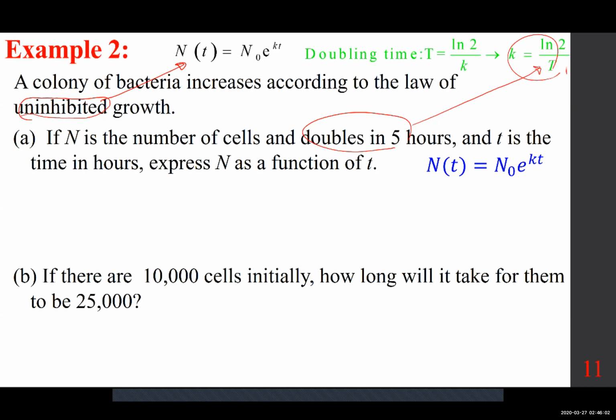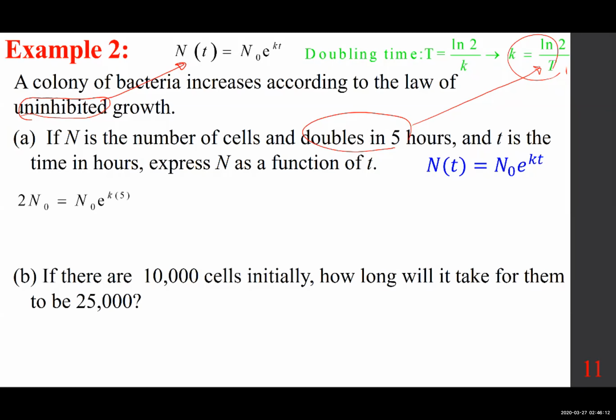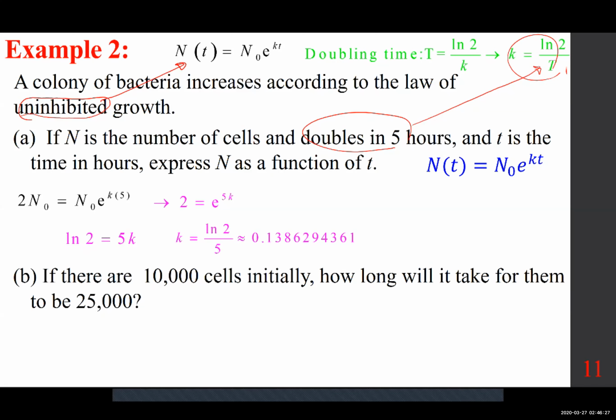Or again, so you are exposed to it again, just for practice, you can go find that. 2n sub 0 is n sub 0 e to the power of k times 5. Drop the n sub 0, take a natural log, divide by 5. And this is exactly what I mentioned in the first place right here. So you don't have to go through the process simply because you've done this before. Okay, class? Sounds good?